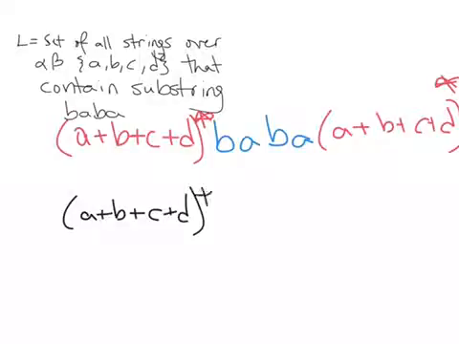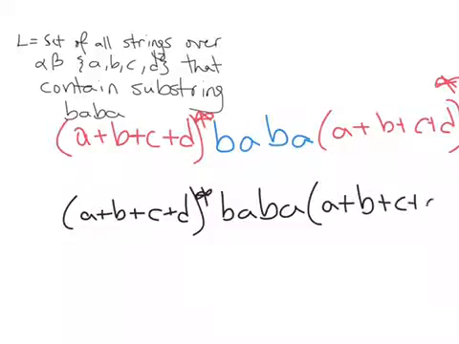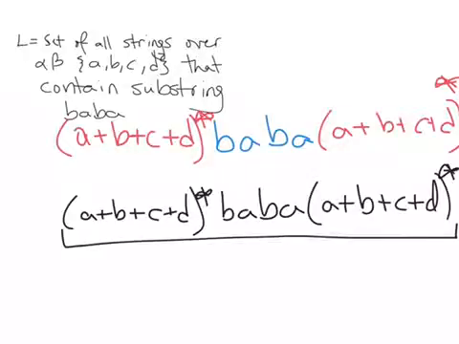It can start with anything over the whole alphabet. Then I have this substring BABA, and then it can end with anything. I'm using the concatenation operator, the squish, and there's an implicit dot in here that I don't say, to say that these things are all squished together. And that gives me the set of all strings that have BABA in them as a substring.